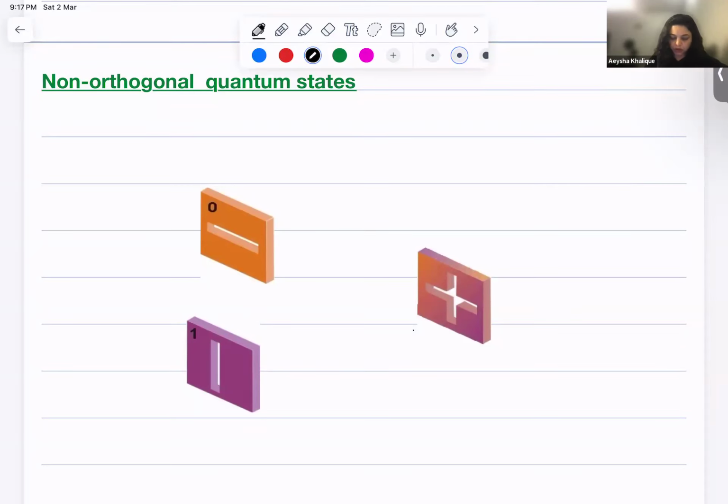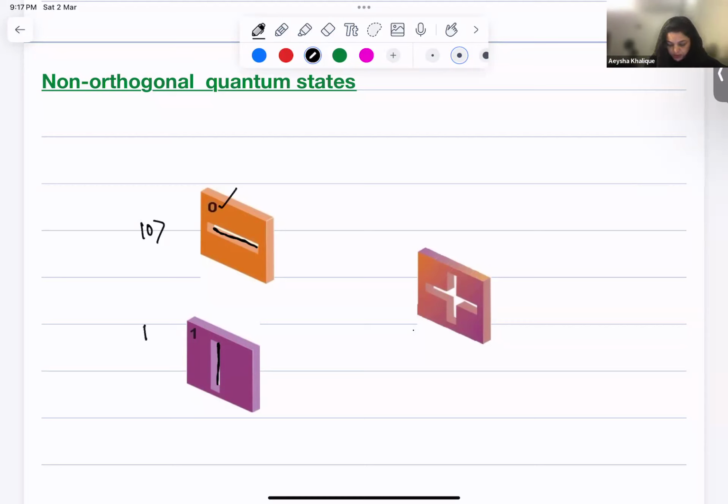So this is the horizontal polarization. As you see, it allows only the light which is polarized along the horizontal direction like this. It will make a horizontal polarization. And this is the vertical polarization. So we call the horizontal polarization of photon to be the state 0, right? And in fact, call the bit value 0 as well to it.